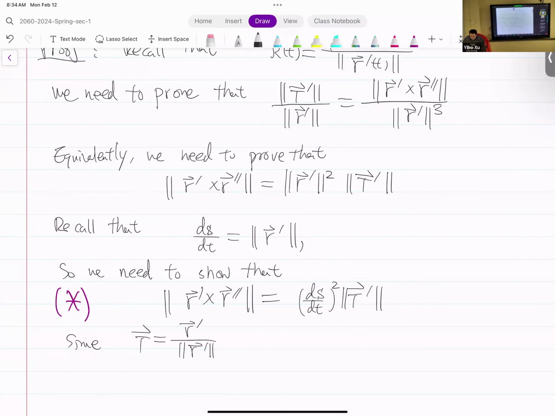And on the left-hand side of the equation star, we will have r prime, right? So here we're just trying to express r prime by T.